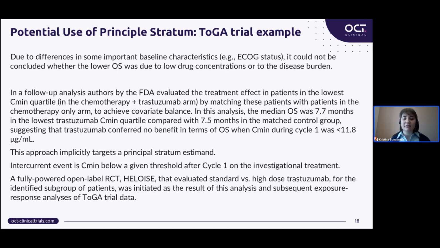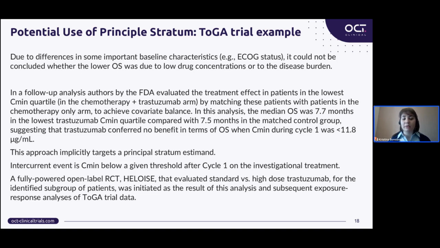In this analysis, the median OS was 7.7 months in the lowest trastuzumab minimum concentration quartile compared with 7.5 months in the matched control group, suggesting that trastuzumab conferred no benefit in terms of OS when minimum concentration during cycle 1 was low.